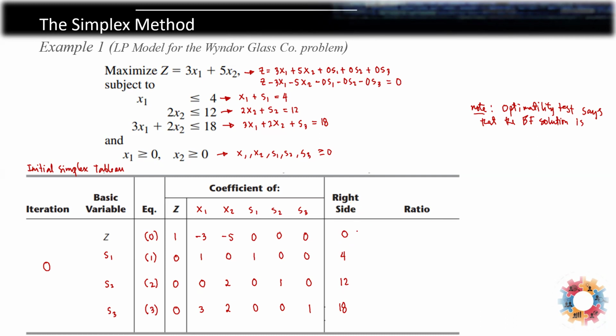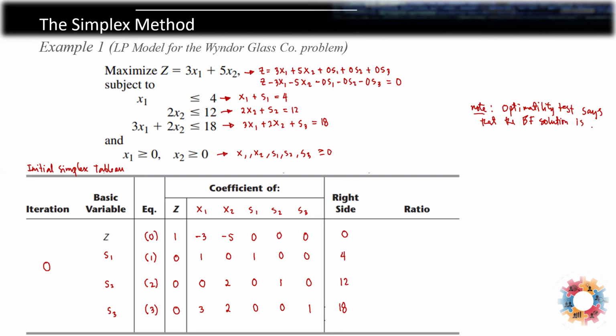Particularly the values corresponding to x1 and x2, but we don't have the values yet for x1 and x2. And the value for your objective function is yet 0. So it could not be your optimal solution, right?